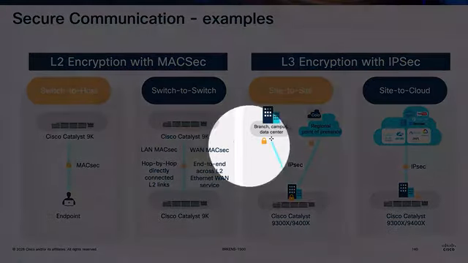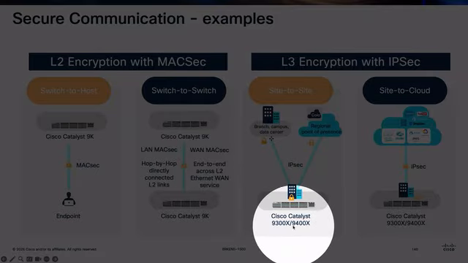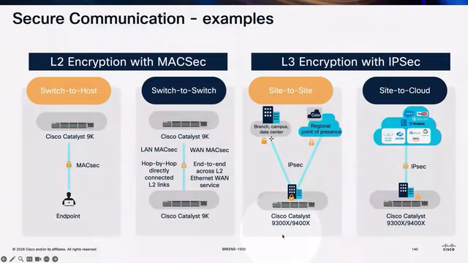And moreover, the 9300X and 9400X have dedicated HiSec engines soldered on the motherboard. So you have a dedicated engine whose only job is to encrypt traffic on the fly. For the 9300X it is up to 100 gig per second. For the 9400X it is up to 300 gig per second. So very powerful, a huge bandwidth right off the bat with the switching platform.